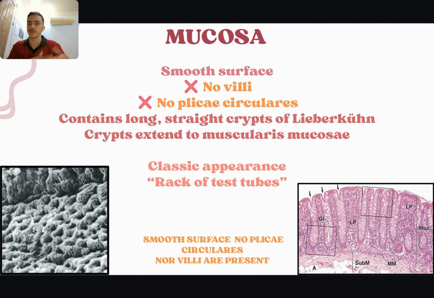Mucosa, as we said: mucosa, submucosa, muscularis. The mucosa has a smooth surface, as you can see here. No villi, no plicae circulares. It contains long straight crypts of Lieberkühn. Crypts extend to the muscularis mucosa, so it's going deep, as you can see here, and goes up.